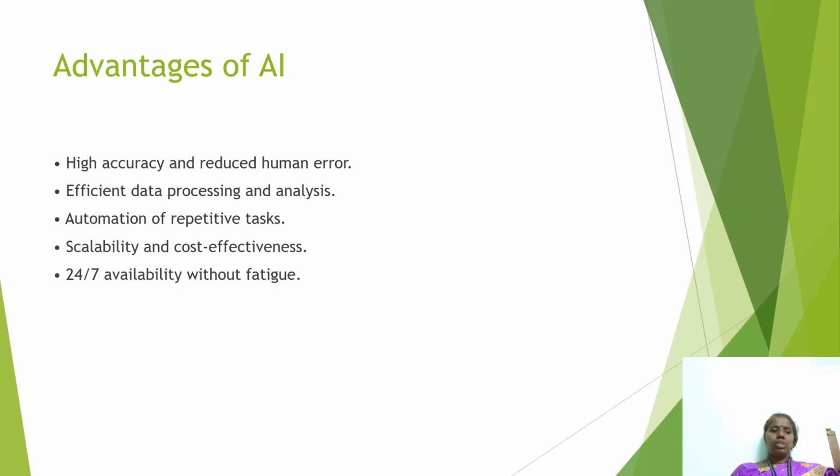This is beneficial in sectors like healthcare, finance, and retail. So next one, personalization. It helps personalize experience by analyzing user preferences and customizing recommendations. This enhances user satisfaction, as in platforms like Netflix, Amazon, and social media feeds.